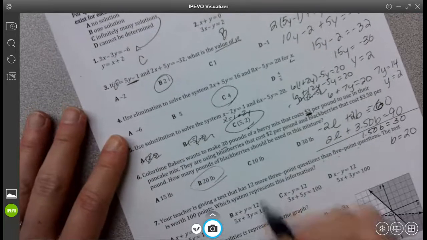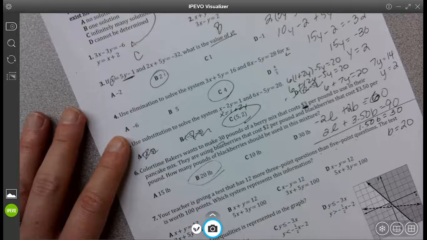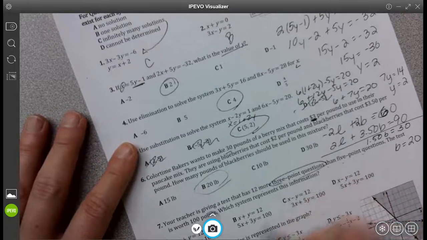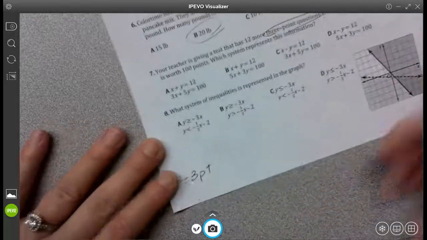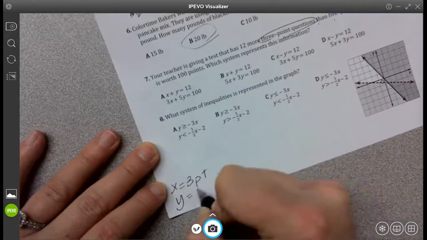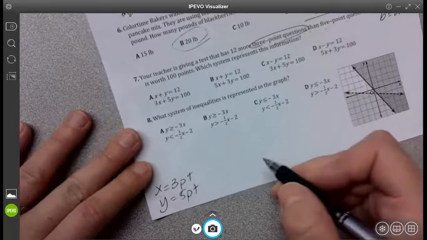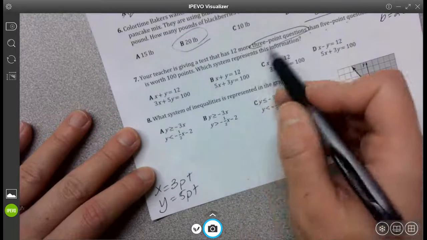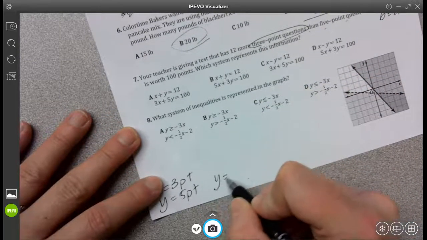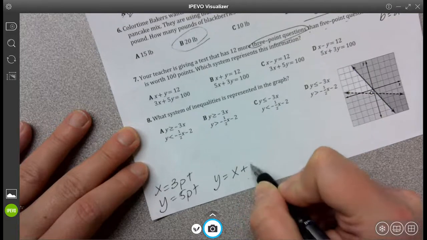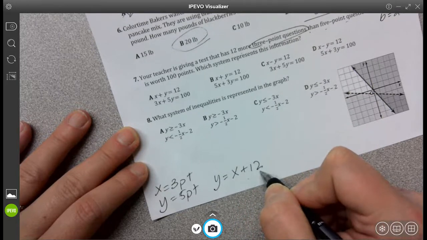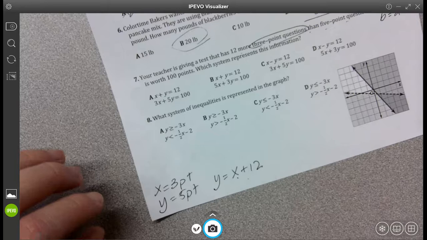So if I have a test and let's say X is 3-point questions and Y is 5-point questions. This one's tricky. They're giving you 12 more 3-point questions. So Y would equal 12 more 3-point questions.